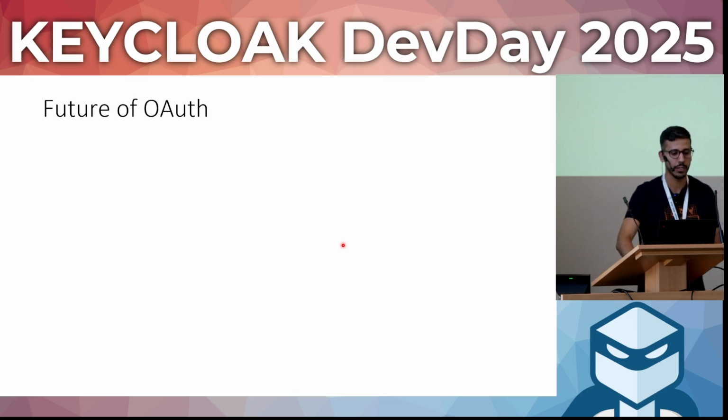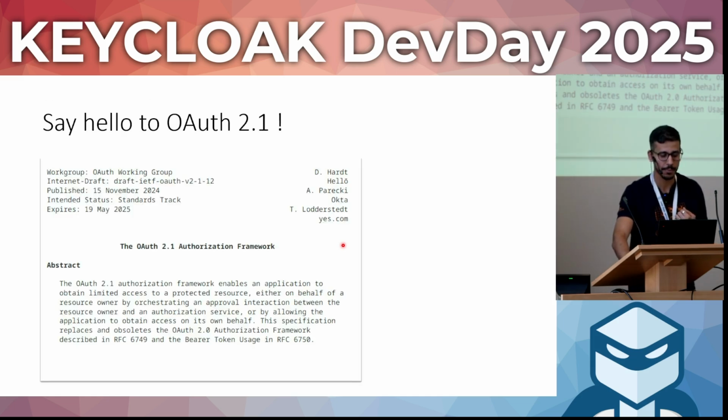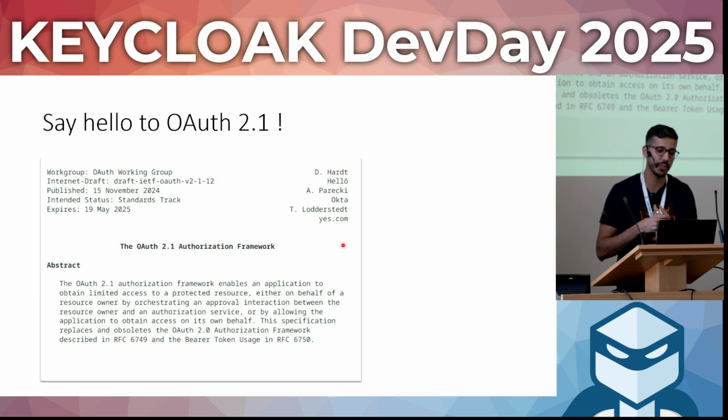Now, how does the future look for OAuth, and how can we mitigate these types of risks? The first thing is we are now slowly switching to OAuth 2.1. It's a new draft for this authorization framework.